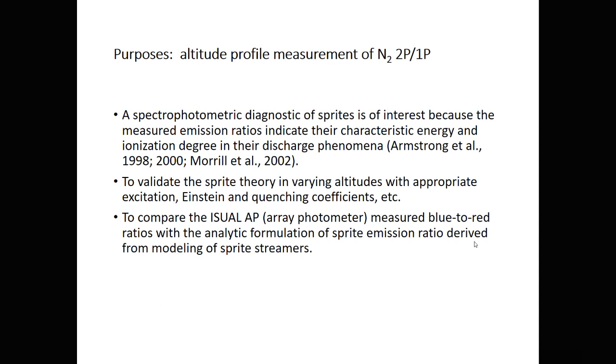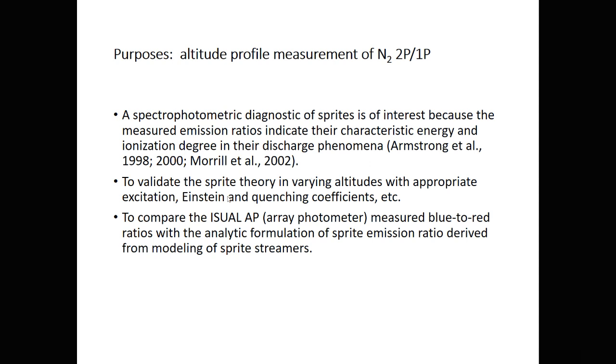This research purpose is to analyze the altitude profiles of sprite emissions, blue and red, to derive the electric fields. The spectral photometer diagnostic of sprites is interesting because the major emission ratios can infer their energy, the ionization ratio, and the electric field in the sprites.